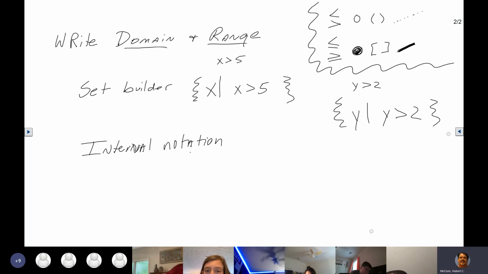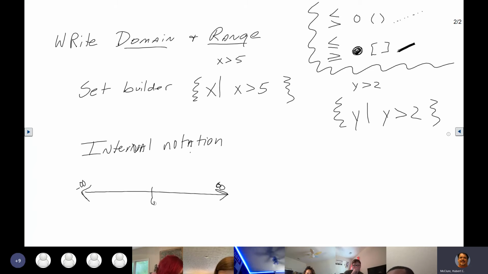Now with interval notation, it's easier to see it if you graph it. So I'm going to graph the domain right here. This arrowhead is called negative infinity, this arrowhead is called positive infinity, and you got 0 in the middle. Range: this arrowhead is negative infinity, this arrowhead is positive infinity, and 0 in the middle.